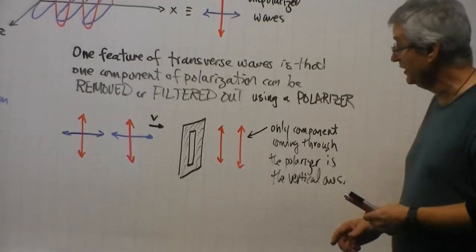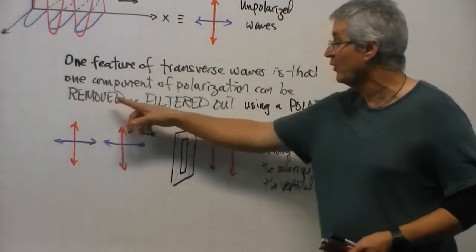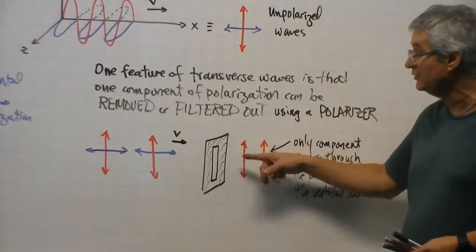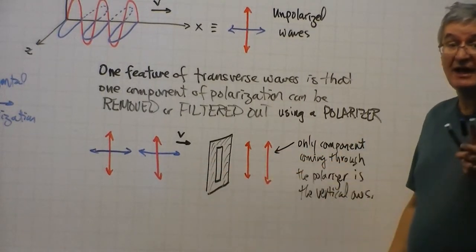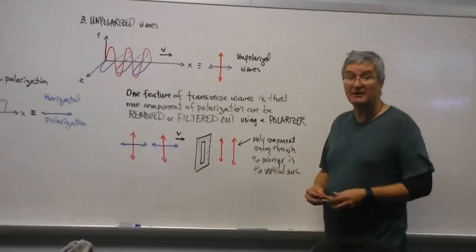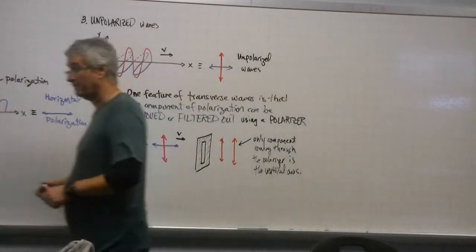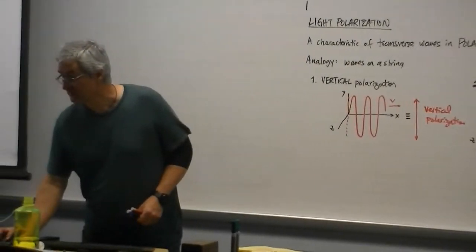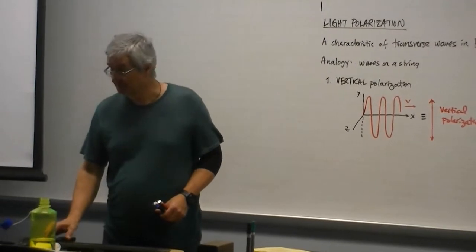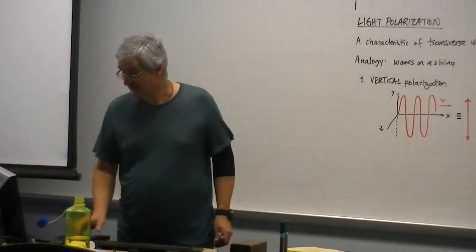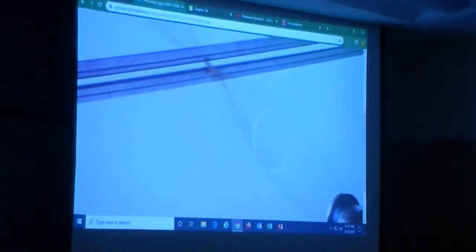So to show you what I mean, there's an applet on Wikipedia that I want to show you here. If I go to the applet on polarization, it's not an applet, excuse me, it's actually an image. This thing is moving in a circle.